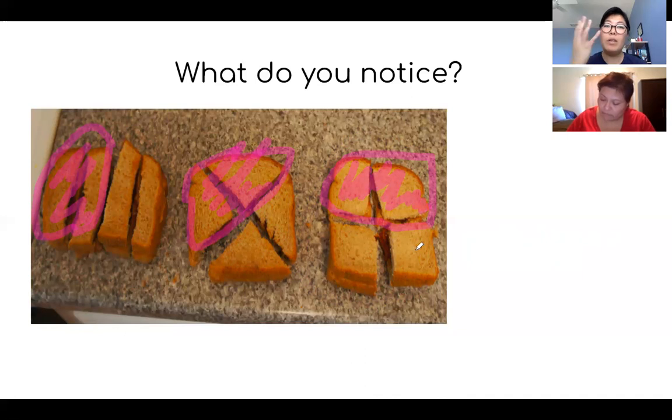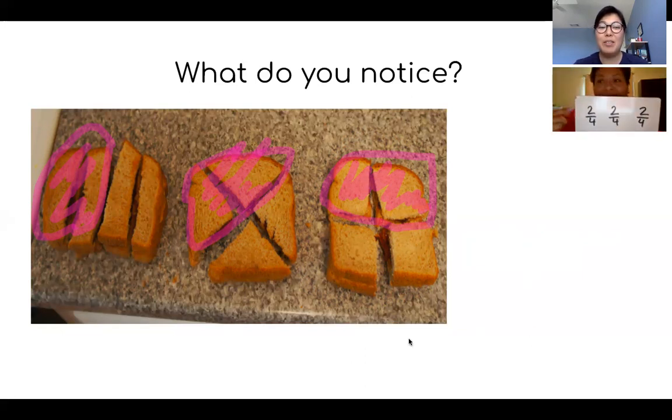So we have 4 equal parts, but 2 parts are gone. So we're looking for how we would write it if 2 parts are shaded in pink. How would we write that as a fraction? Remember, think of numerator and denominator. Ms. Rosales, you have your answer?